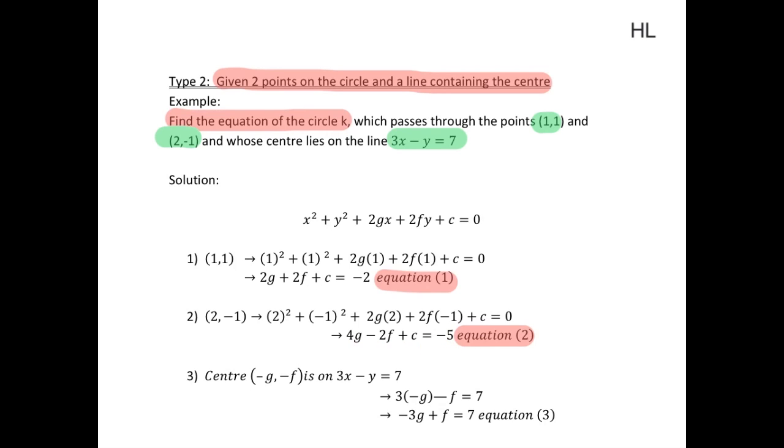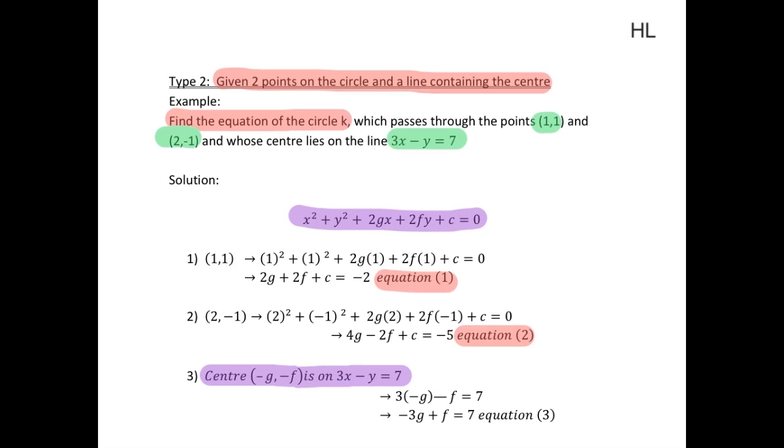And then the new thing in this example is we are told that the centre, (-g, -f), because we know the centre for an equation that looks like this is (-g, -f), is on the line 3x - y = 7.